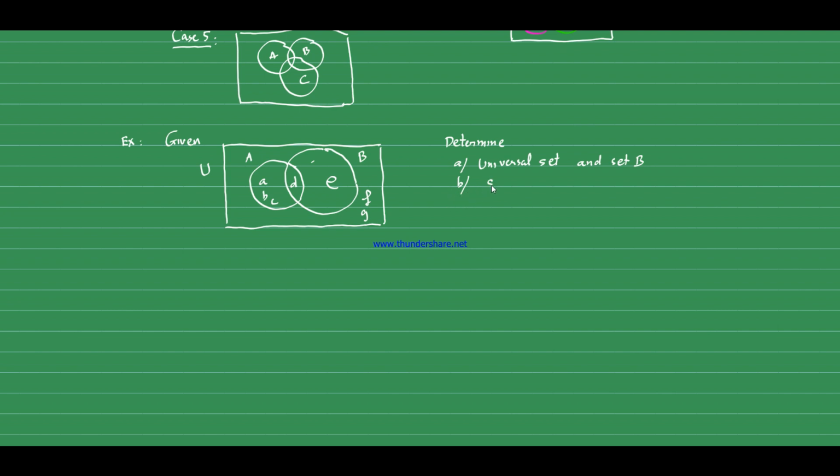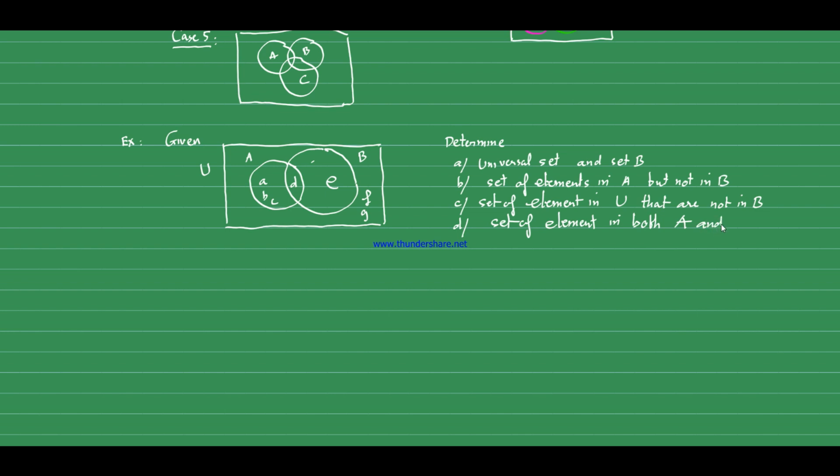Then, determine the set of elements in A but not in B. C, the set of elements in U that are not in B. And the last, the set of elements in both A and B. It's very easy.